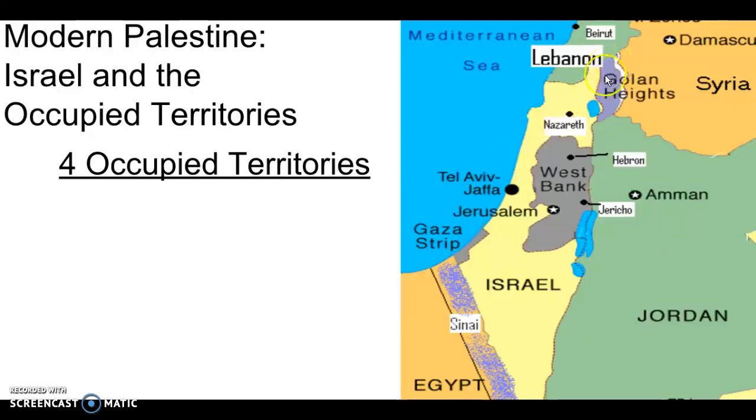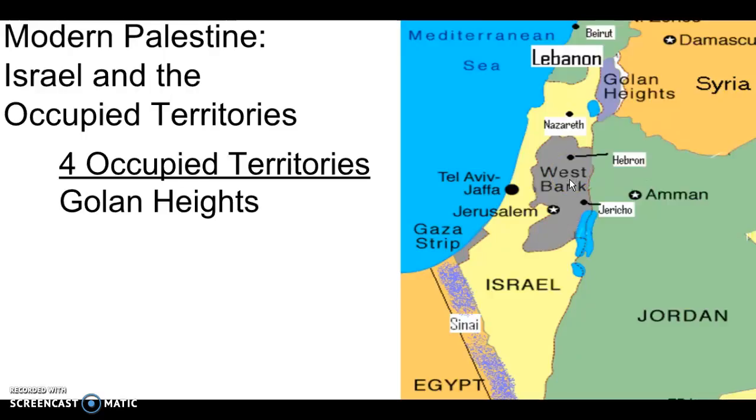There's the Golan Heights, there's the West Bank, there's the Gaza Strip, and there's the Sinai. And if you look at a Google map of this territory nowadays, you will see all kinds of smaller dotted lines and little tiny enclaves. It's very, very complex, and what I'm giving you right now is a very simplified version of it.